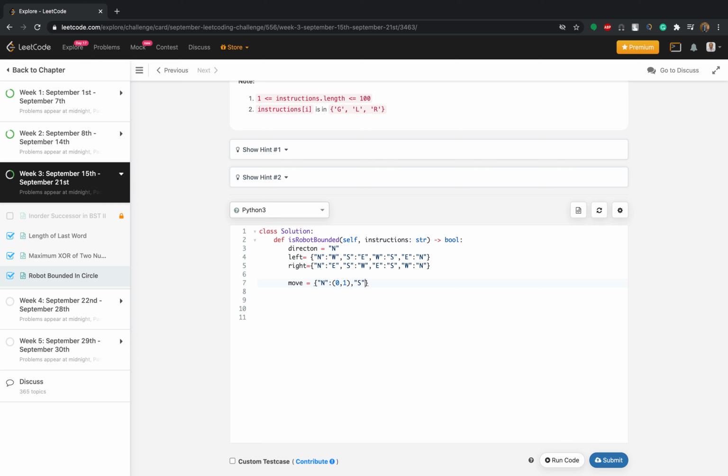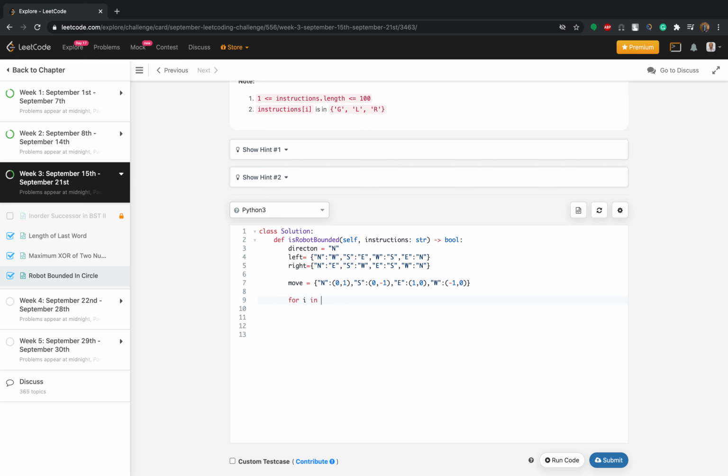Similarly, if it moves south, your x-axis remains the same, which is 0, and y goes -1. If it goes east, your x-axis will move by 1 and your y will remain the same. If it goes west, it becomes -1 and 0. So these are the main movements it can make from 0, 0: north, south, east, or west.